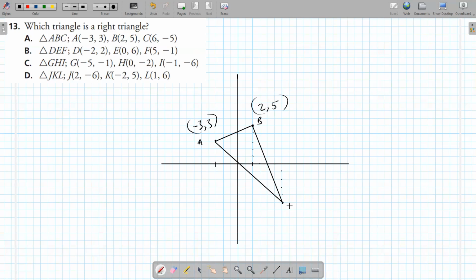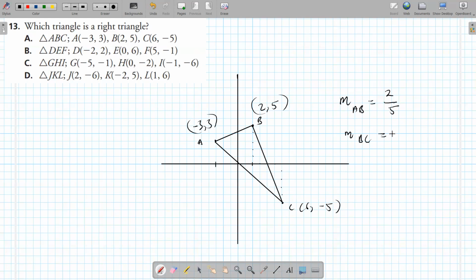B is 2, 5. What's the slope between A and B? What's the rise between A and B? 2. What's the run? It's 5, so slope is 2 over 5. What's the slope between B and C?